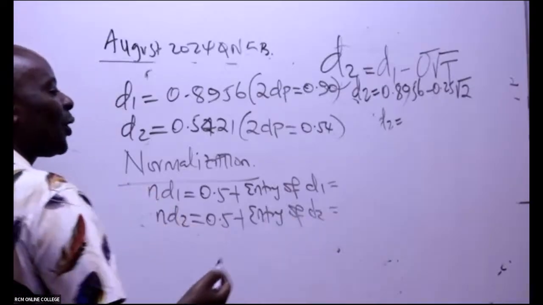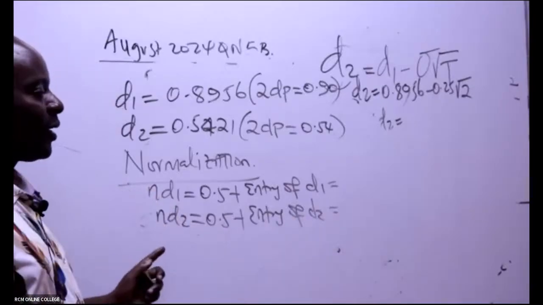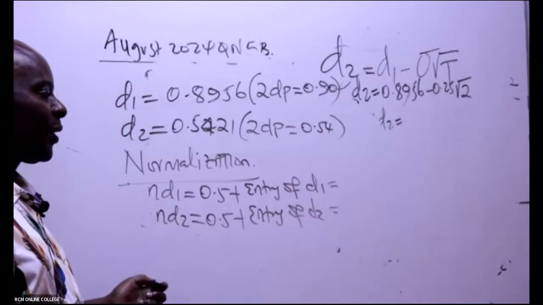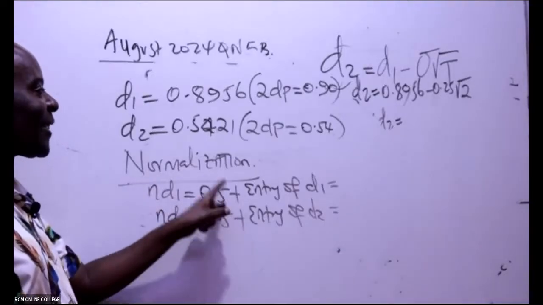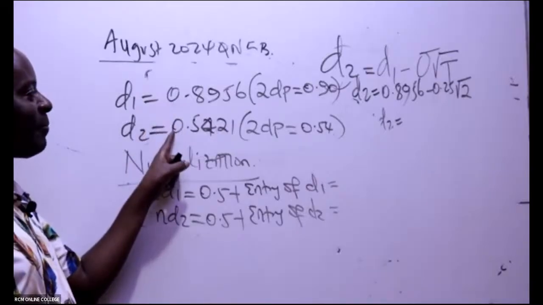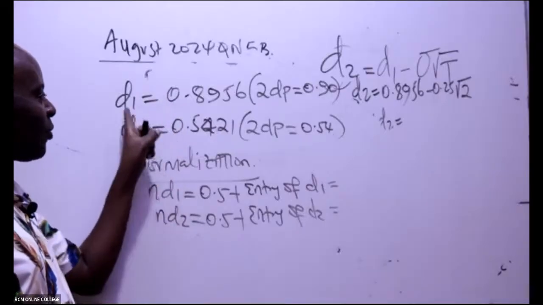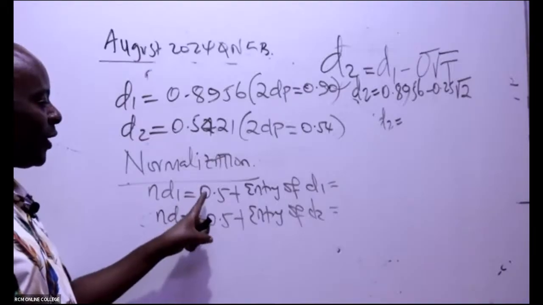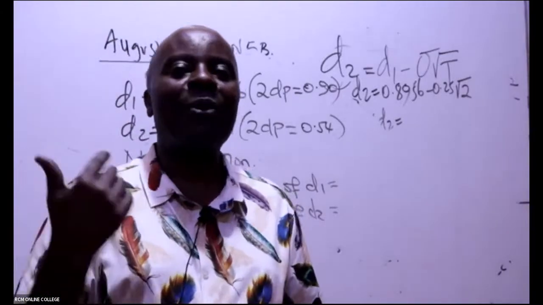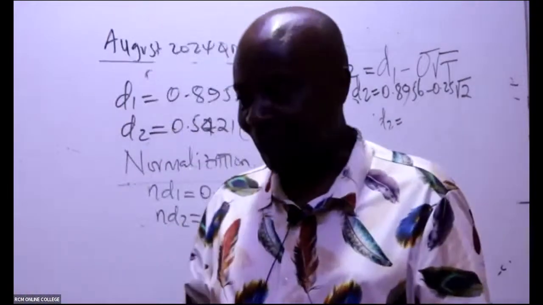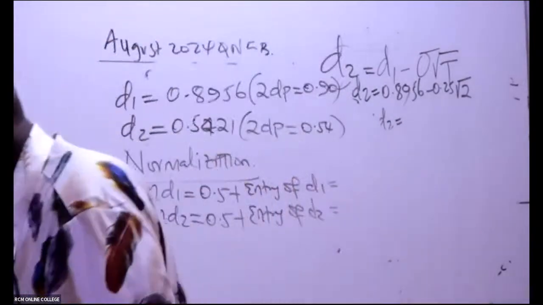If you're using a calculator, it's quite fast. Why am I saying plus? Because the figures are positive. If D1 was negative, I would have said 0.5 minus the entry of D1. Our figures here are positive.